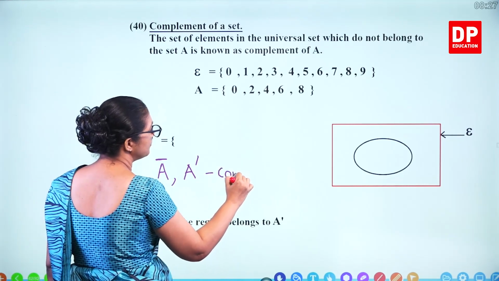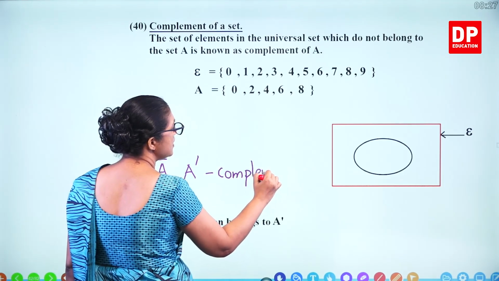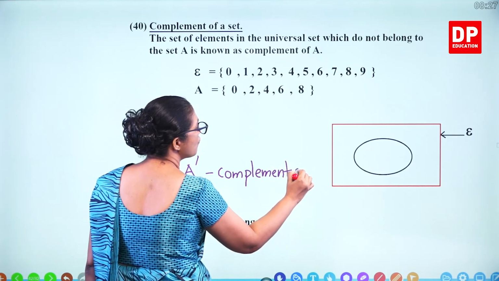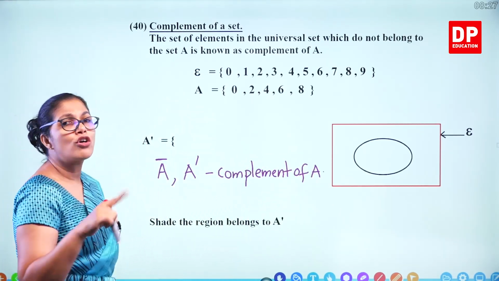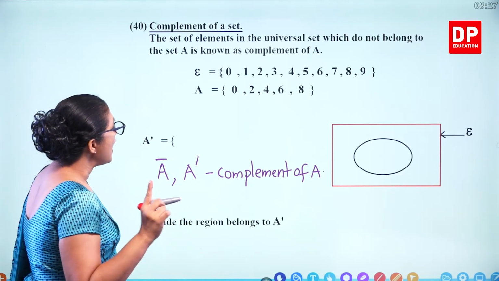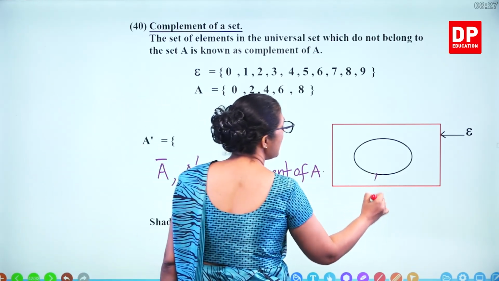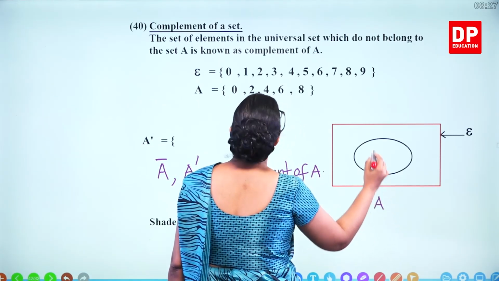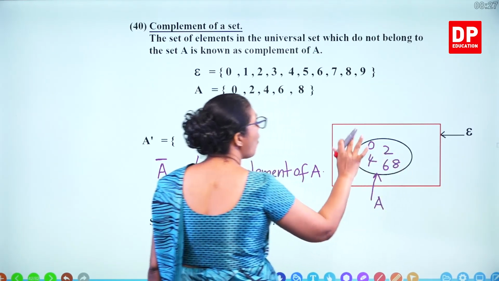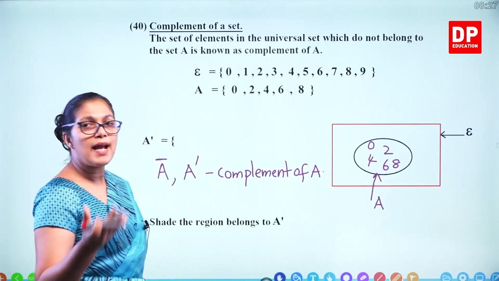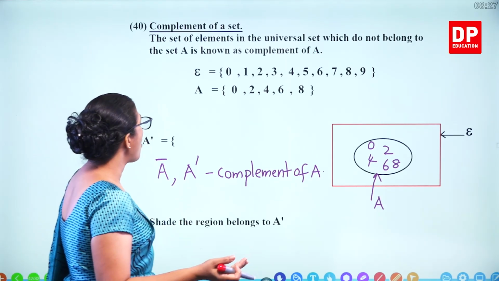Complement of A. That means not belongs to A. So if A is 0, 2, 4, 6, 8, all the other numbers except that we call A dash or complement.